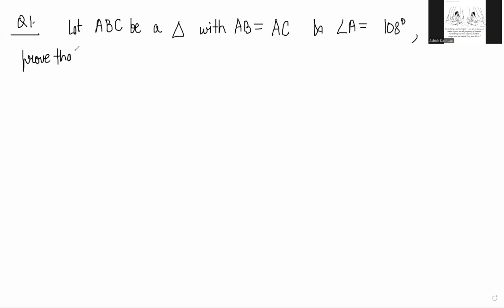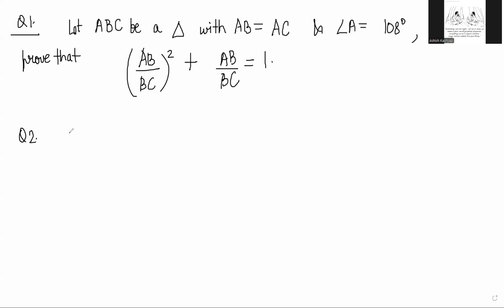Prove that (AB by BC) whole square plus AB by BC is equal to 1. This is the first question.